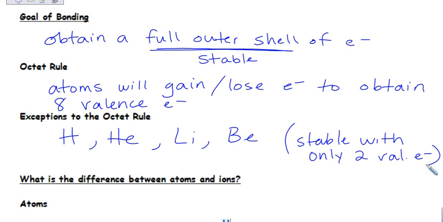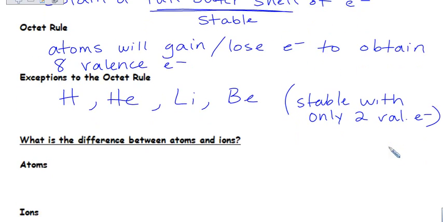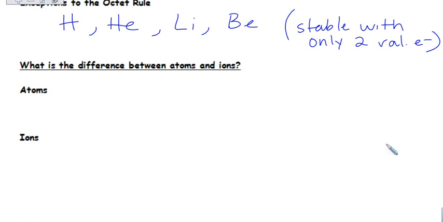Excellent. Alright, so a couple little vocab terms that we should mention then. Atoms versus ions. Atoms are neutral particles. So for example, let's say I have a fluorine atom.